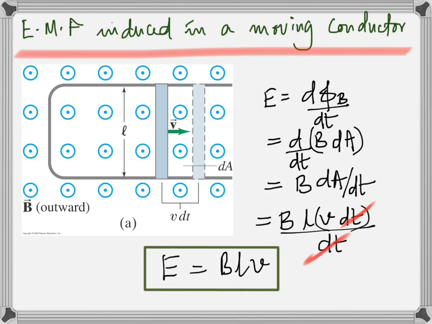Theta is 90, sine 90 is 1. So now you understand that if the velocity is really high and the length is also high, for an airplane, tip to tip is really huge, you could get a big voltage. Okay.